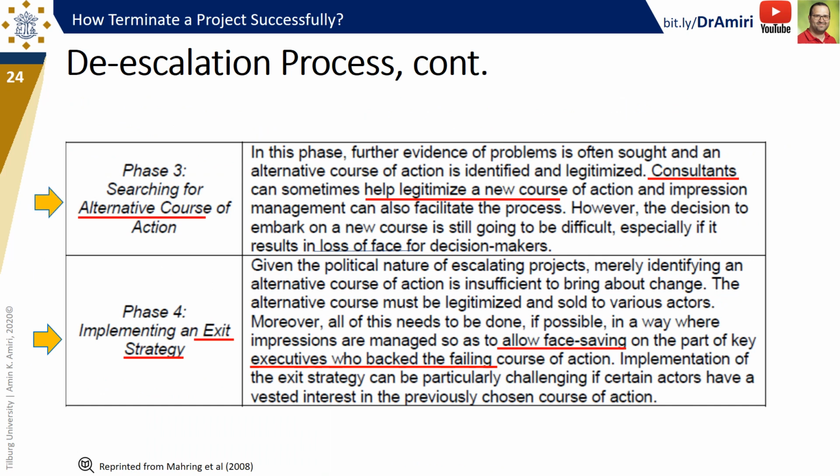In phase three, the organization looks for alternative paths. Note that identifying the alternatives is one story. Legitimizing those alternatives is another story. Those who champion the project will resist, since they may take this personally. They may believe that they lose their face and their power as a result of going for the alternatives.